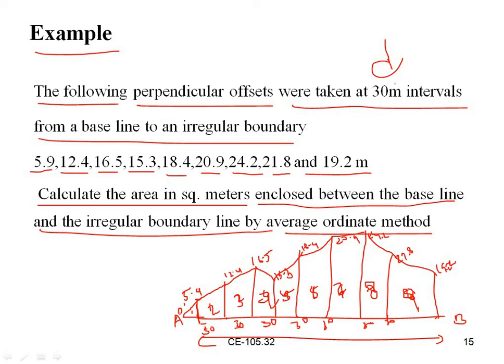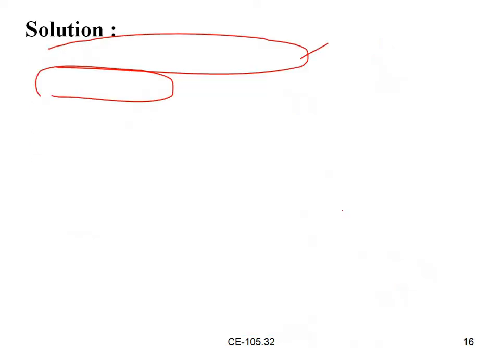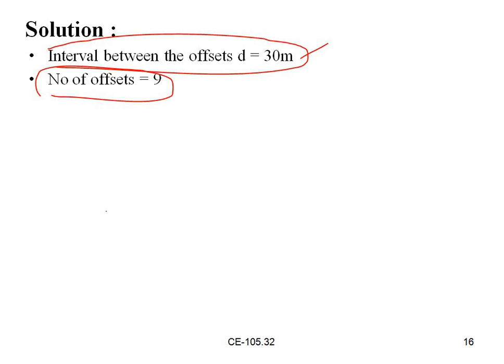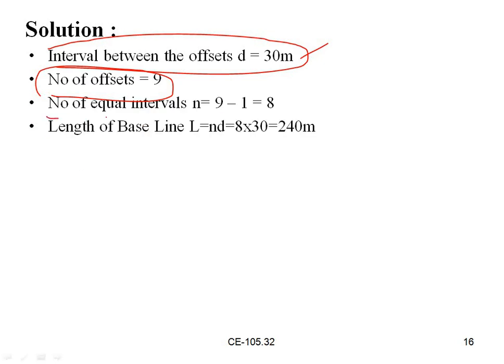So starting from 0 it will be there. We have to take compulsory, the chainage will be starting from 0. We have to remember, whether it is given or not, we have to take from the 0. So now we have got the 9 offsets, and number of equal intervals n is equal to 9 minus 1, which is equal to 8. So why are we doing n minus 1 equal to 8?